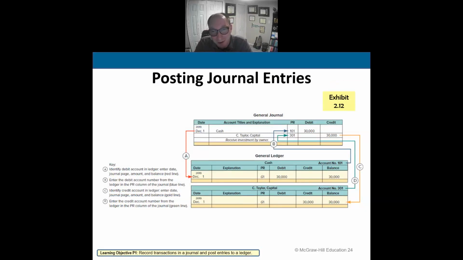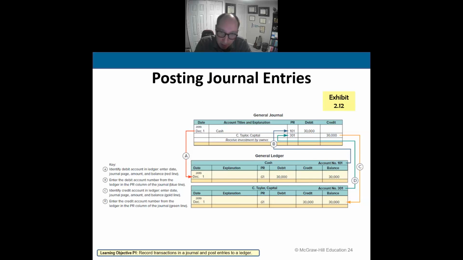Don't worry, we're getting to the equity here soon. So here's an example of an equity transaction. On December 1st, we received cash as a form of investment from the owner. We debit cash to increase cash, and we credit owner's investment or owner's capital, which is an equity account, by $30,000.